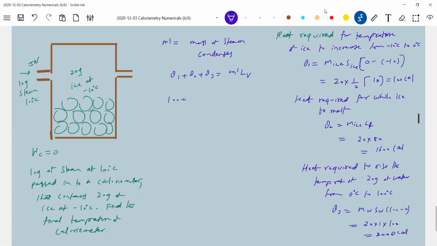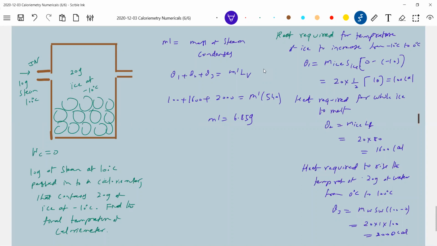So this will be 100, 1600, 2000, M dash we don't know, and this is 540. Anybody, value? 6.85. This much of steam will condense here.